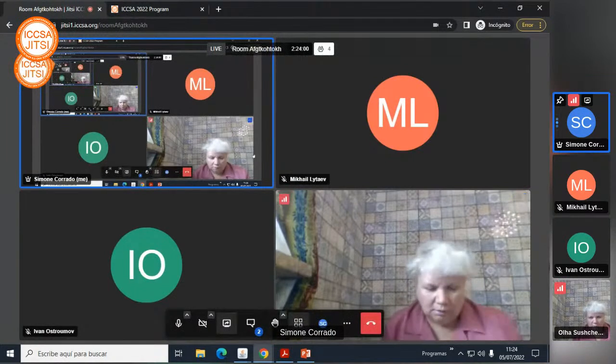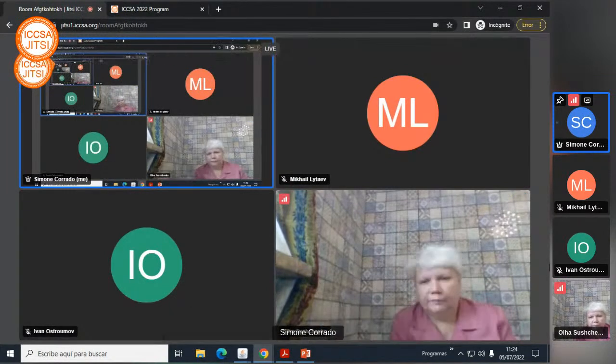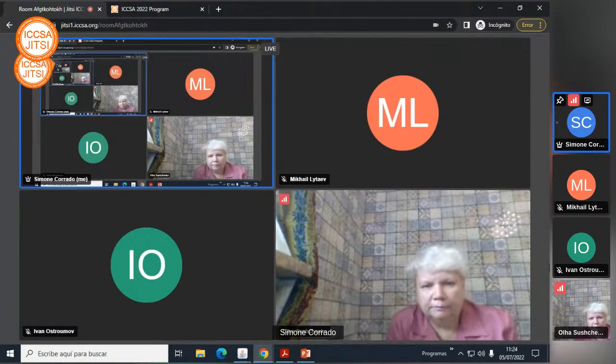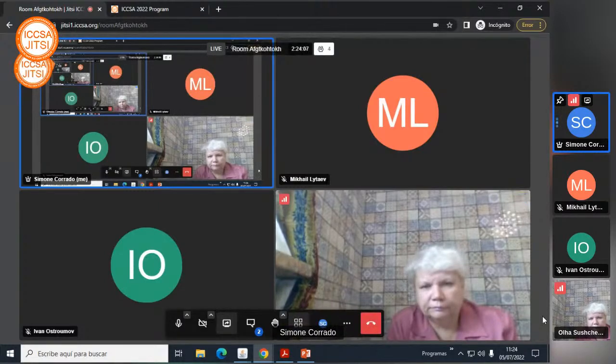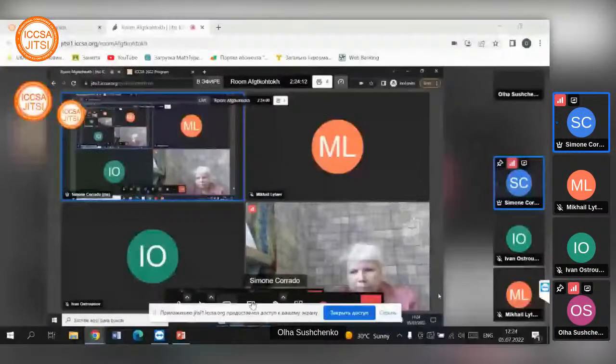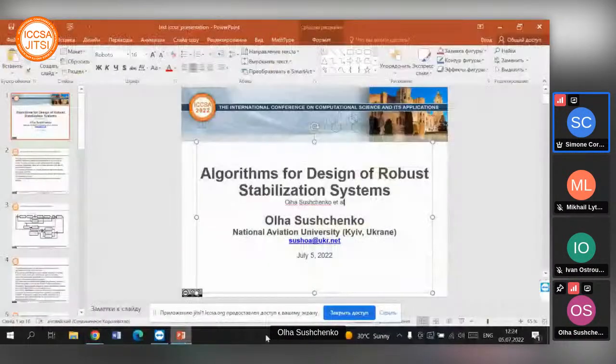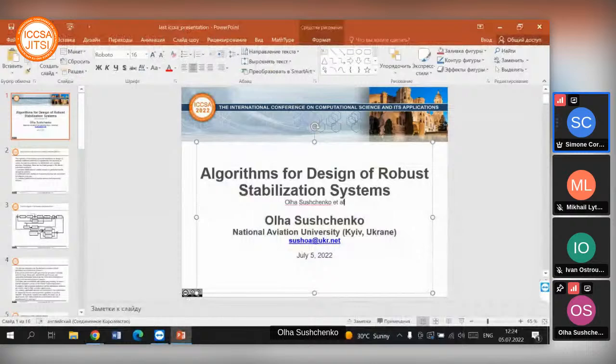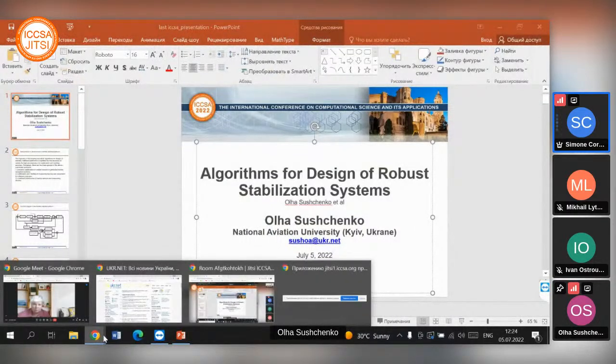I would hand over to who is presenting. I think Ola is presenting. Nice to have you here with us, and hopefully the screen is sharing. The topic is about algorithms for the design of robust stabilization systems, and the floor is yours.